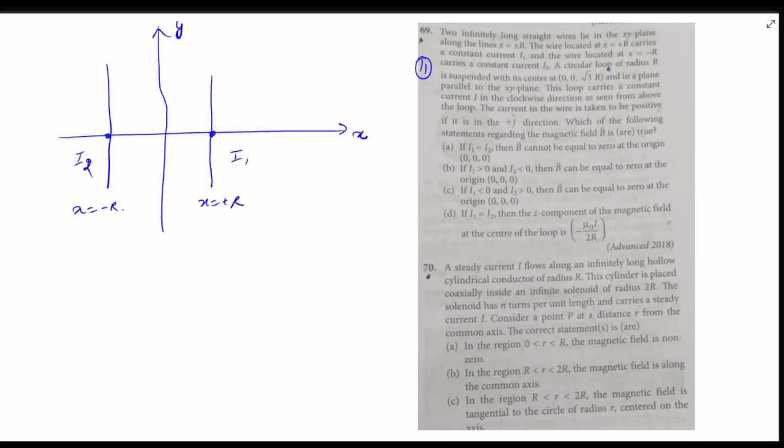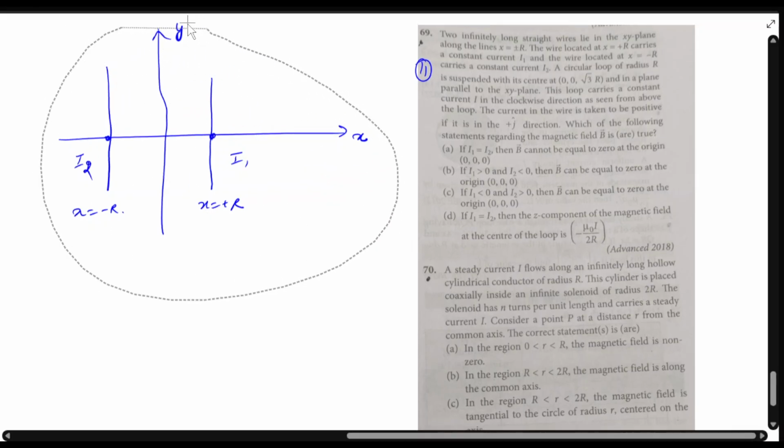A circular loop of radius r is suspended at its center and in a plane parallel to the xy plane. Okay, so let me make the diagram again. We take this as x, this as y, and this as z, right? Now we have wires like this.